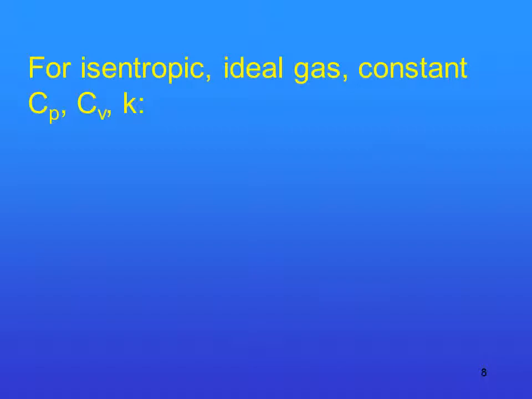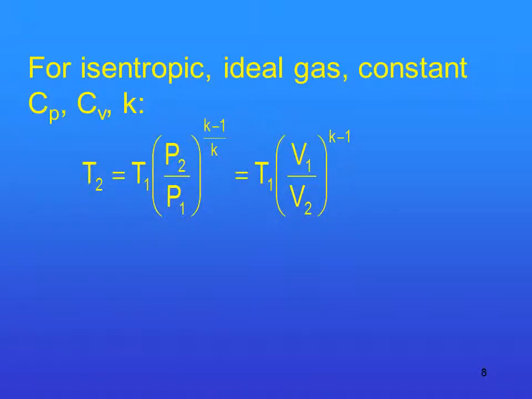Now, for an isentropic ideal gas at constant Cp and Cv, which would make k constant also, T2 equals T1 times P2 over P1 to the (k minus 1) over k, or T2 equals T1 times V1 over V2 to the k minus 1.